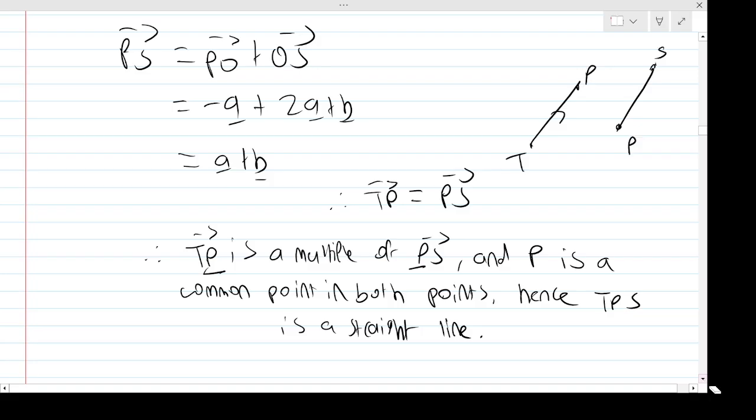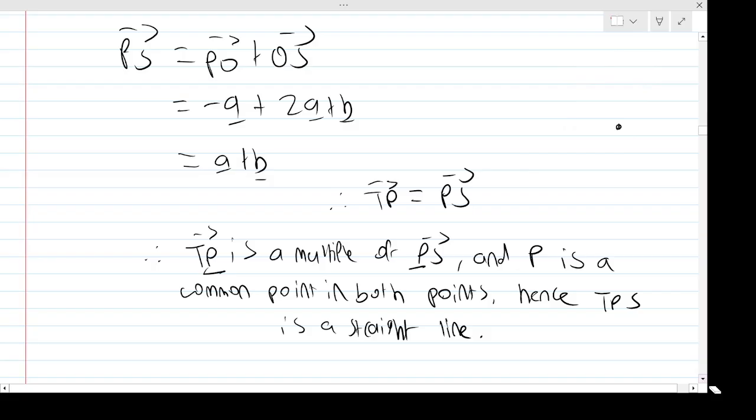They're parallel, but they're separated. If there's a common point, that forces the next vector to continue on, so that'd be P to S. So you have to mention that there's a common point in both vectors when you're proving that 3 points are on the same straight line.